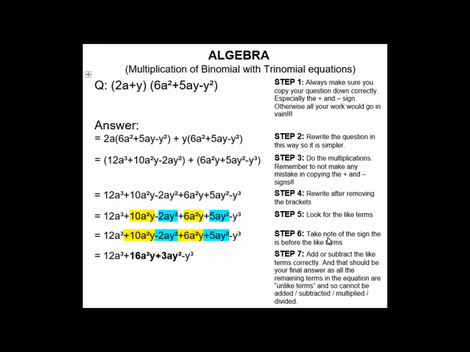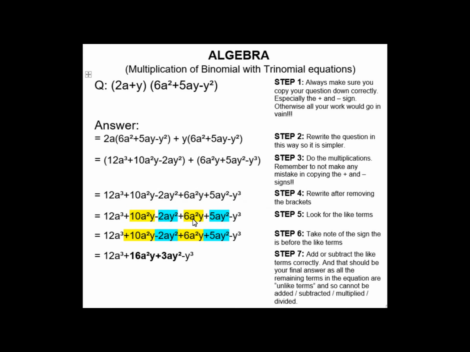Now in step 5, we have to find the like terms in the equation. Now what are like terms? As you can see here, I have selected the two like terms in yellow and the other set of like terms in blue. We have 10a square y and 6a square y.